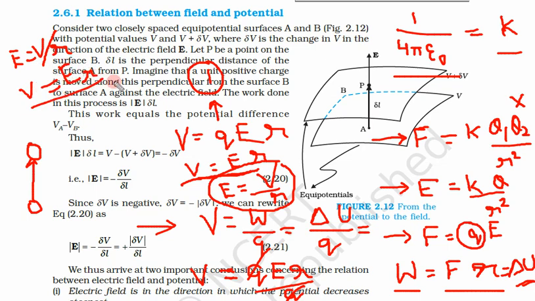So let me put it another way. Similar to work done is force into distance, potential is equal to field into distance. When we move against a force, we have to do some work.